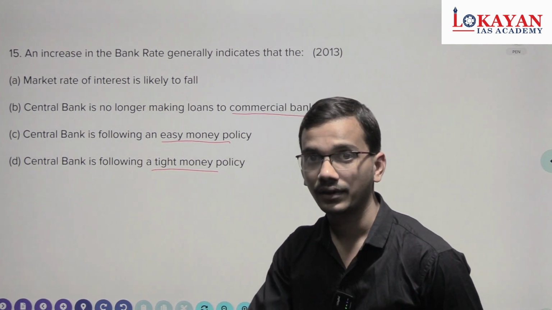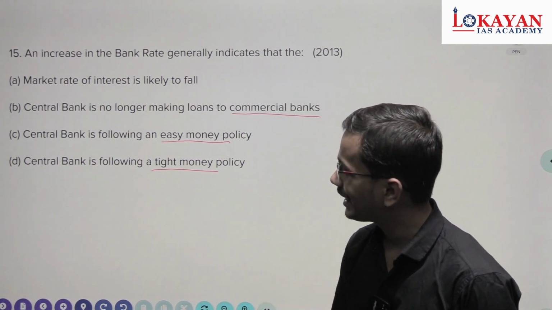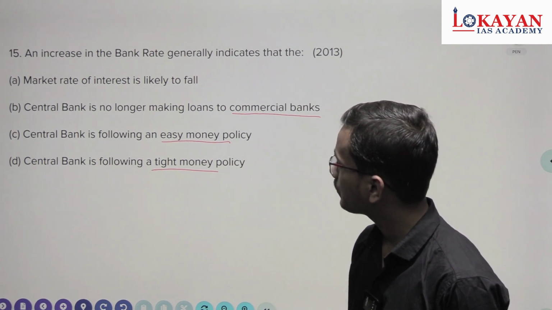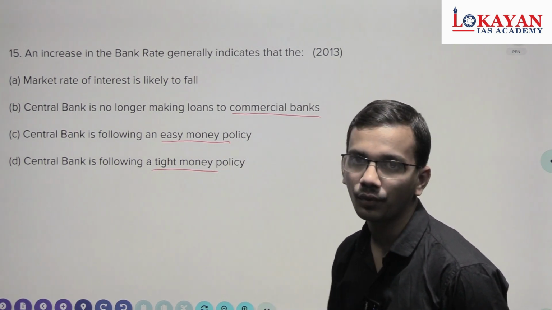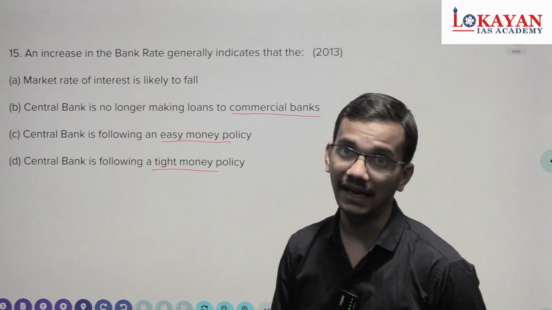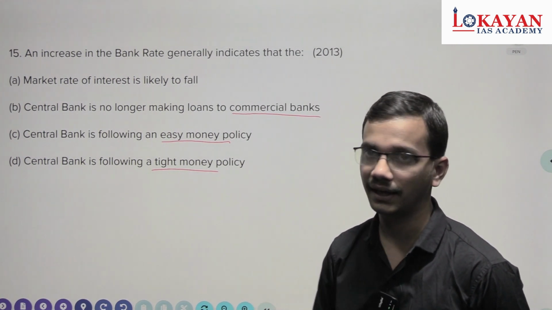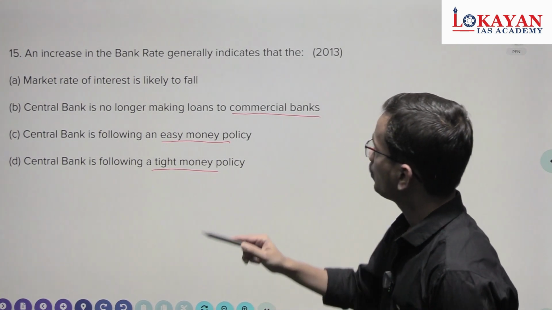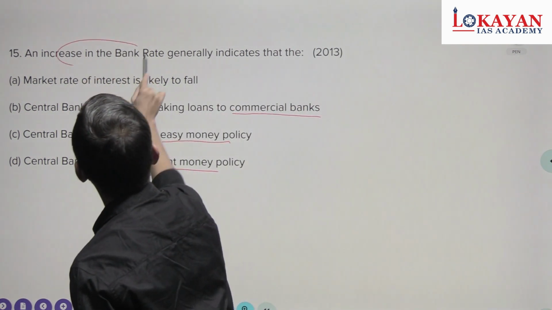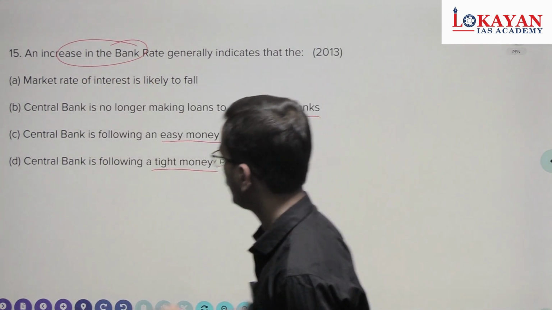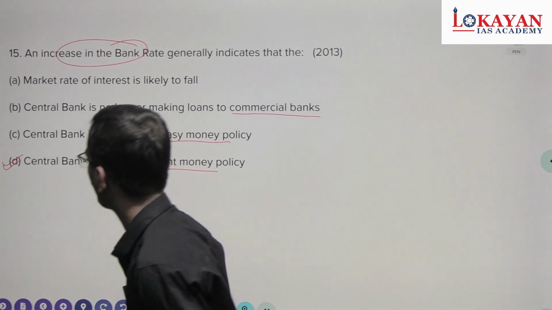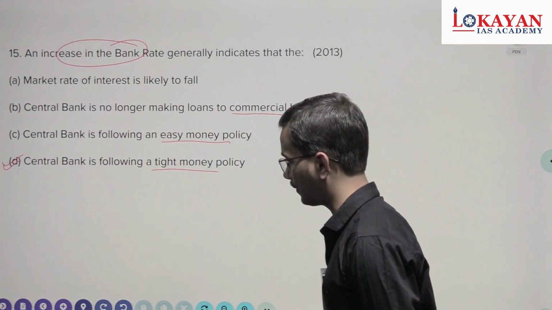Even if you forget, observe the pattern of statements C and D. Exactly opposite statements. One has to be correct. So increase in bank rate, contractionary monetary policy. That is also tight money policy. D is the correct answer.